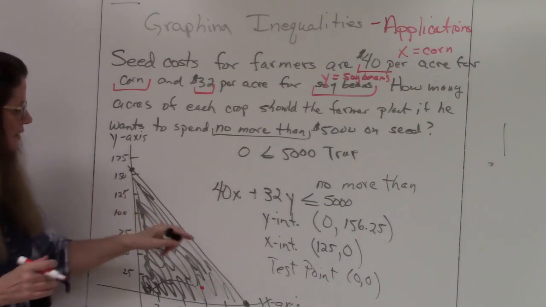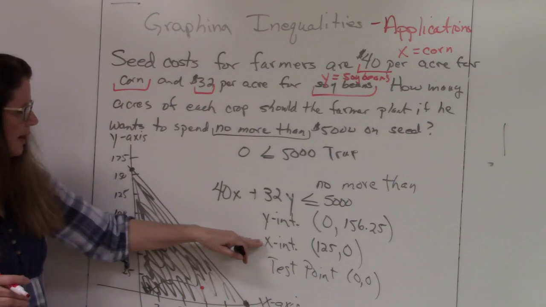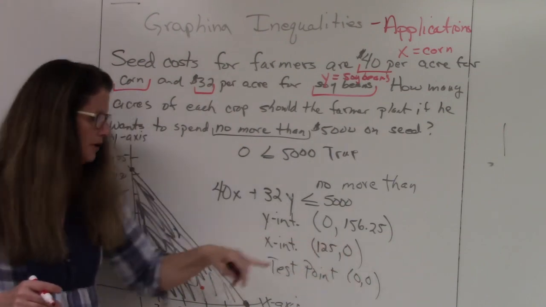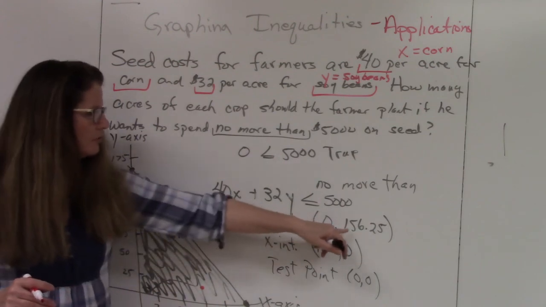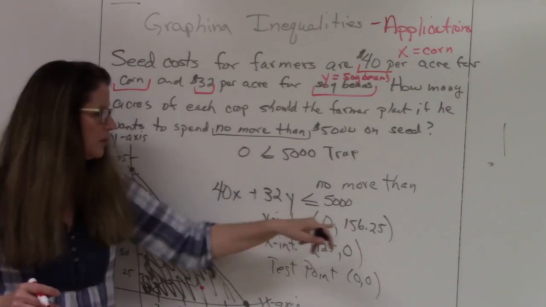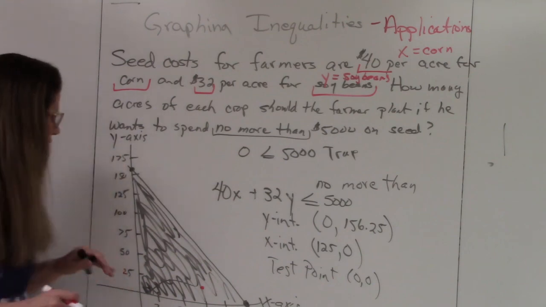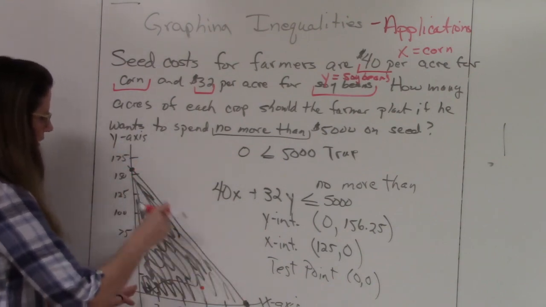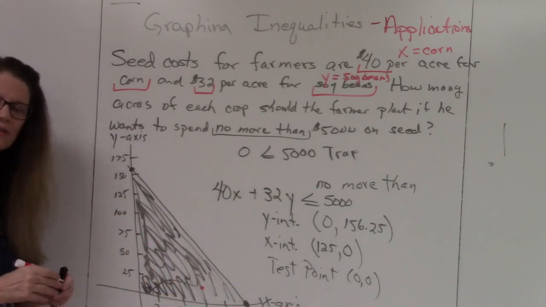So the idea is, at most, you can have 125 acres of corn and 0 acres of soybeans, or you can have 156.25 acres of soybeans and 0 acres of corn. Whatever you're looking for, any value within this shaded region is a solution. That's the feasible region.